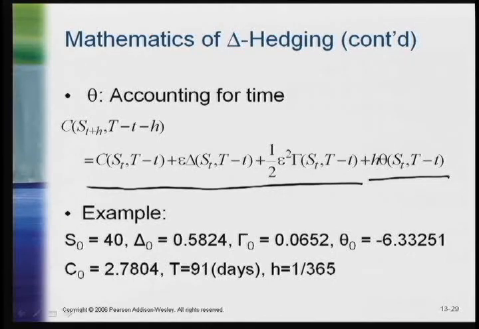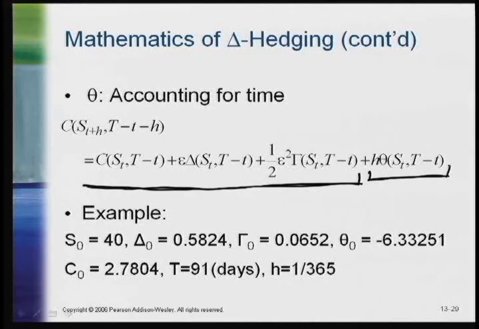In other words, by recognizing that the call price is a function of two variables, S and T, there would be an associated Taylor series that reflects both changes in S and changes in T. The first part of it, with two orders of approximation, is the S component of that Taylor series, and this is the first T component. There would also be a T squared component, like the convexity or the second derivative with respect to time, and so forth. But this is all that we'll use.